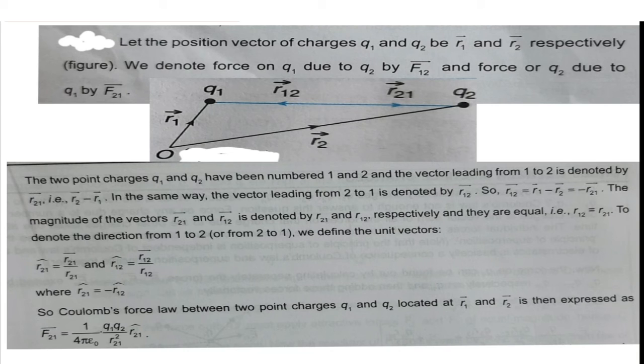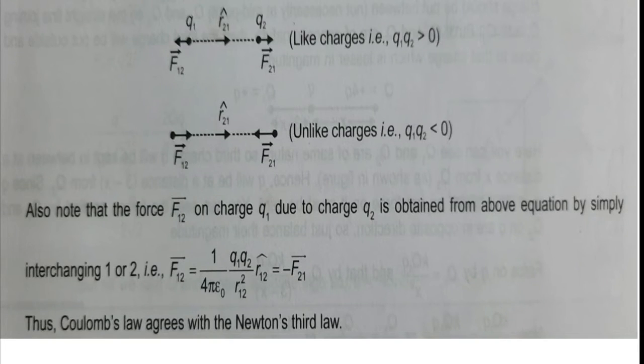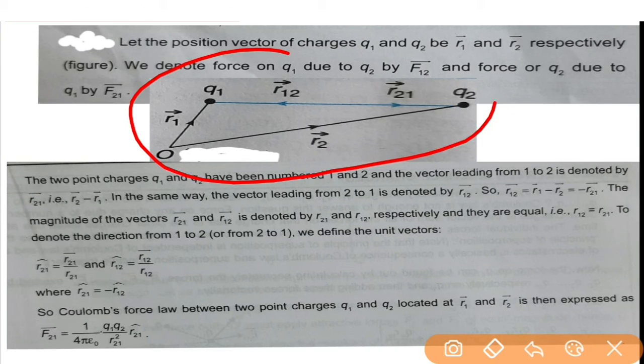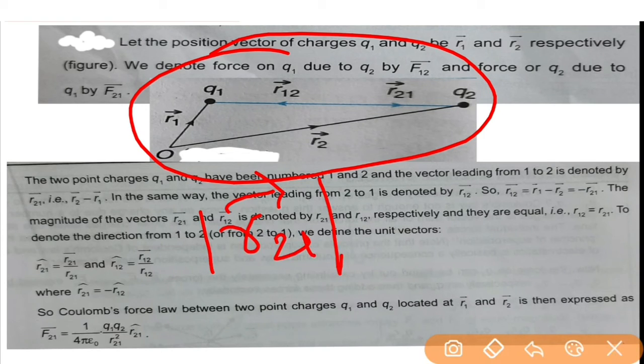From this figure we can see the magnitudes of the vectors r21 and r12 are the same. The magnitude of r21 is mod of r21, and the magnitude of r12 is mod of r12.